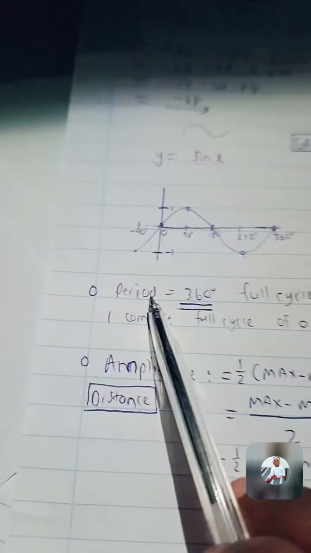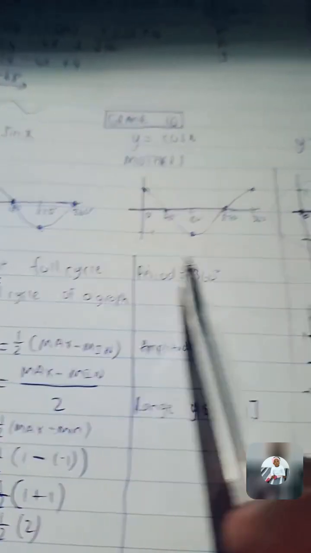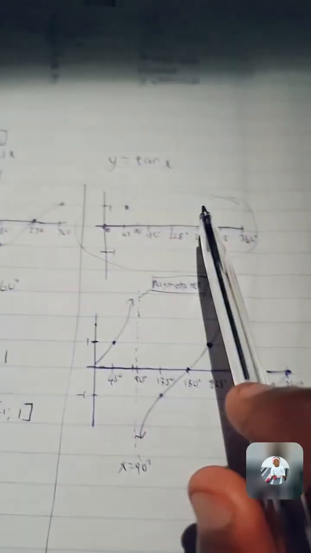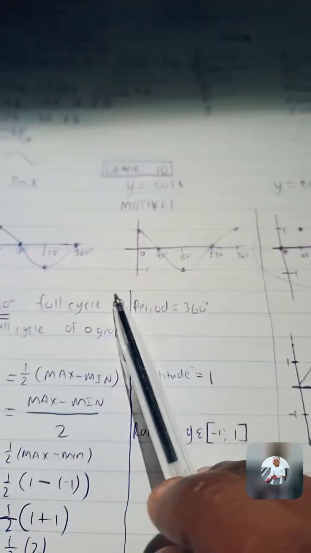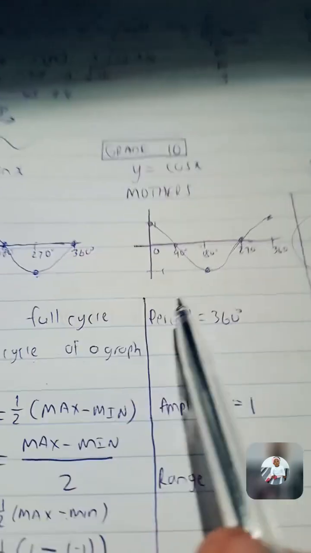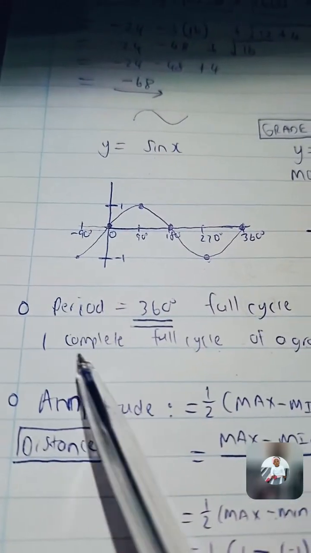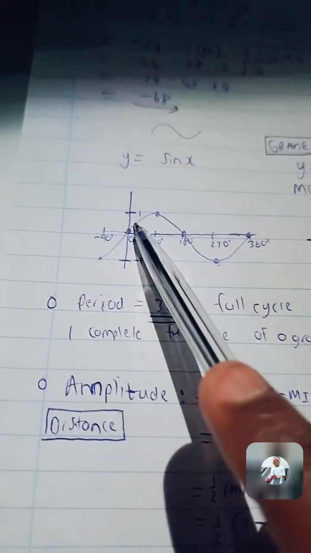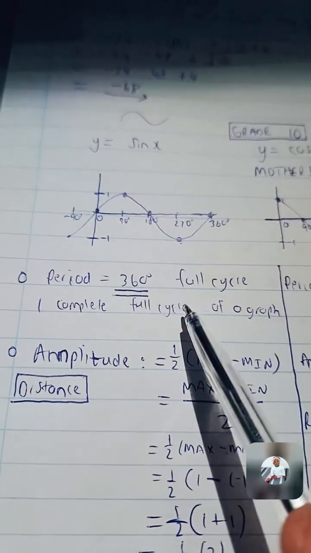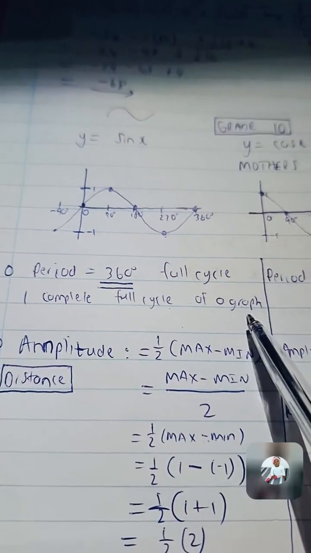So if we answer the three questions that we answered for each respective sine graph and cos graph, the mother graphs, now we can answer the same questions for the tan graph. What is the period of this tan graph? Remember, what did we say period is? We said period is the number of degrees it takes to complete one full cycle of the graph.